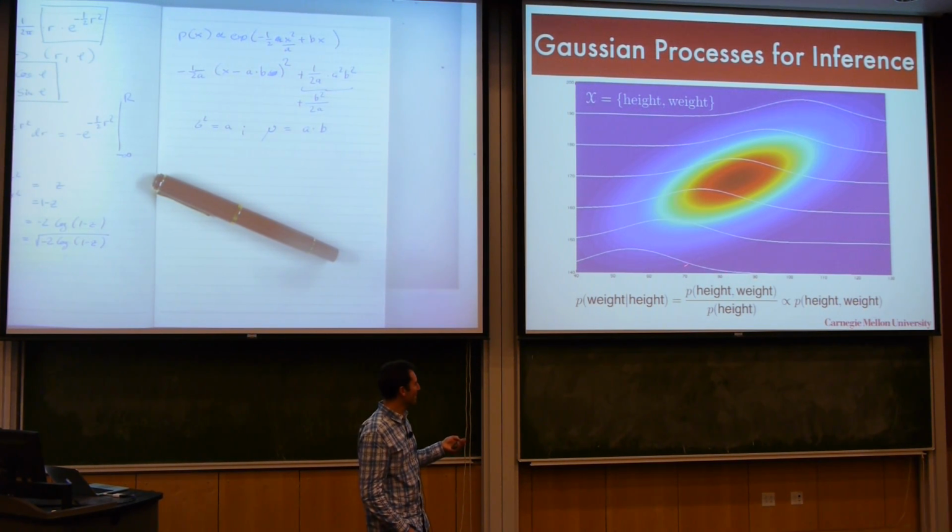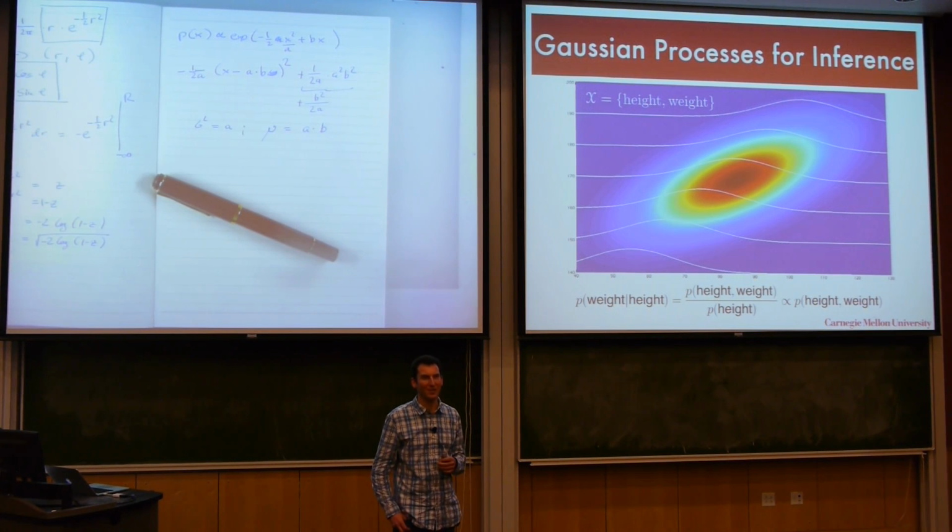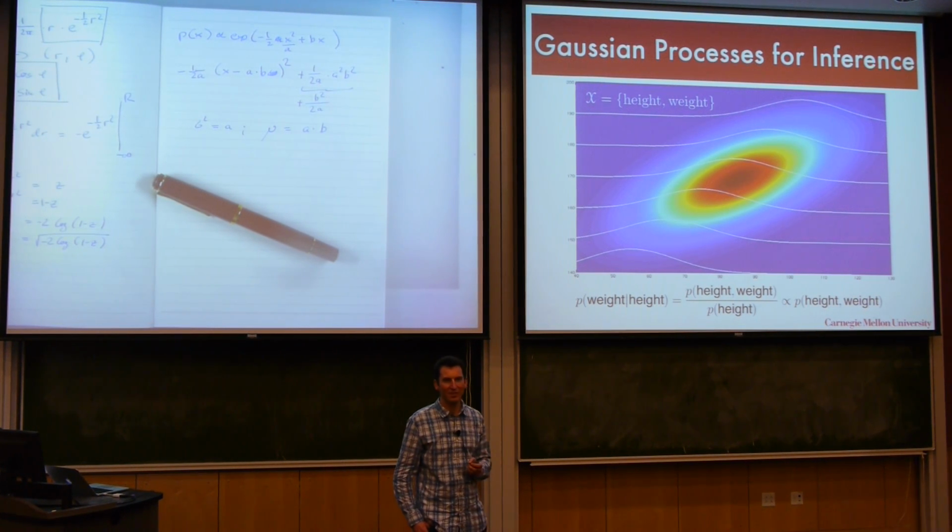It's a Gaussian process over what domain? Can somebody tell me what the domain is for it? Does somebody know what the domain for the Gaussian process is that models the distribution over height and weight? All the points of people.